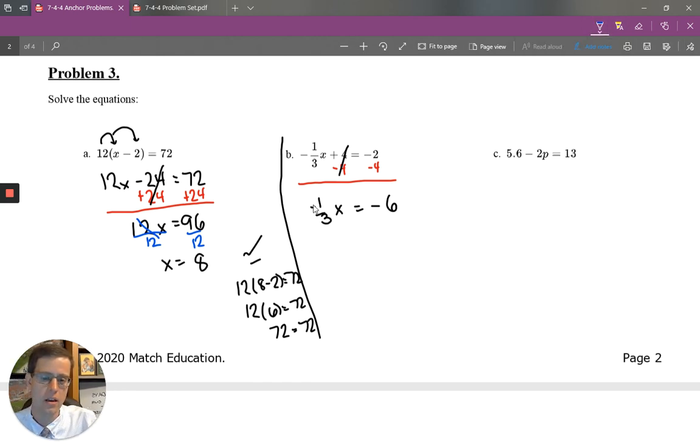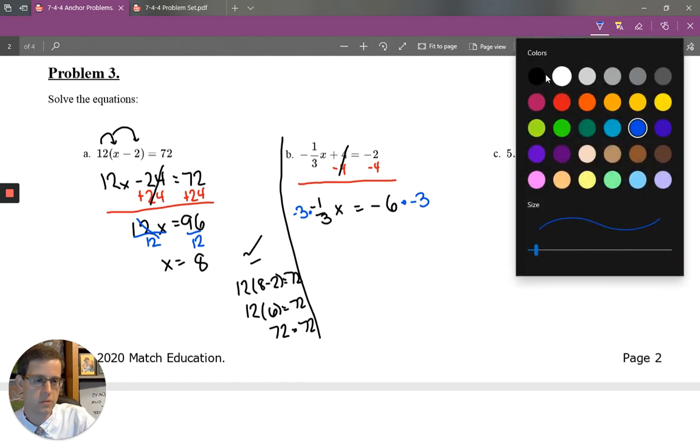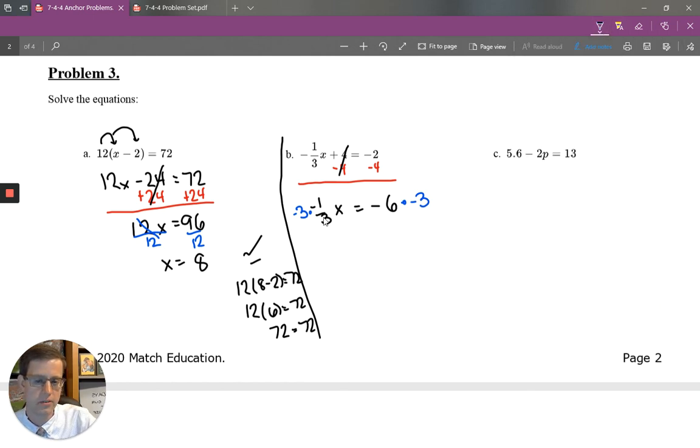Now, negative 1/3, if I want this to become a 1, I can multiply it by its reciprocal, which is negative 3. So I can multiply both sides here by negative 3. What that ends up doing is negative 3 times negative 1/3 is a positive 1, 1x, equals negative times a negative is positive, so 18. x equals 18.